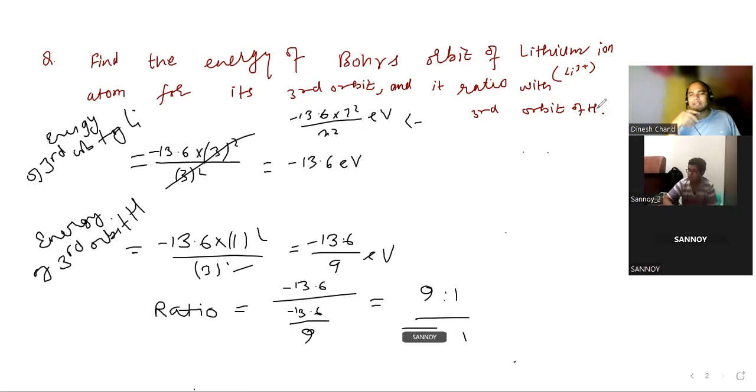Okay, correct, thank you. So this is the energy of Bohr orbit and what we have done.